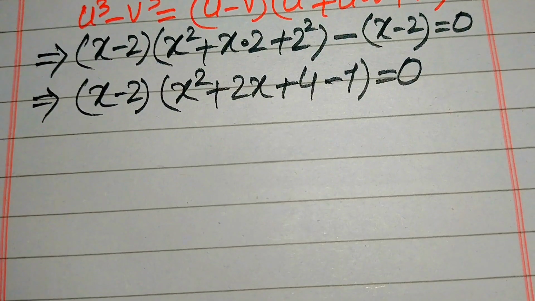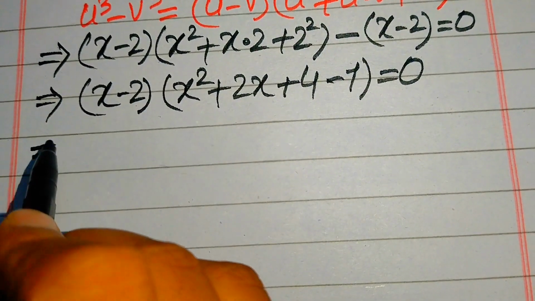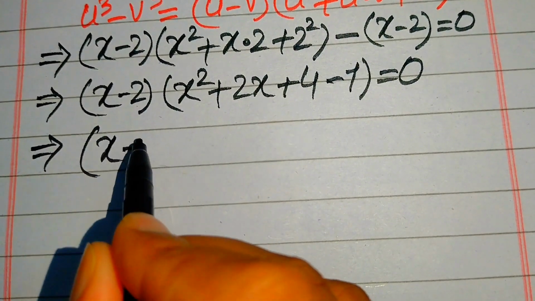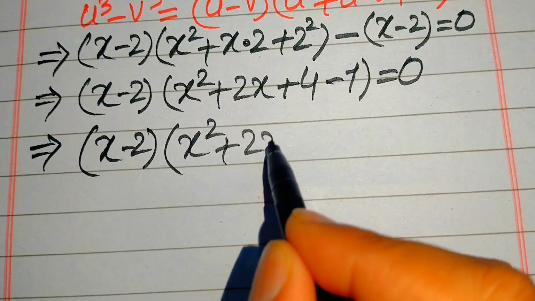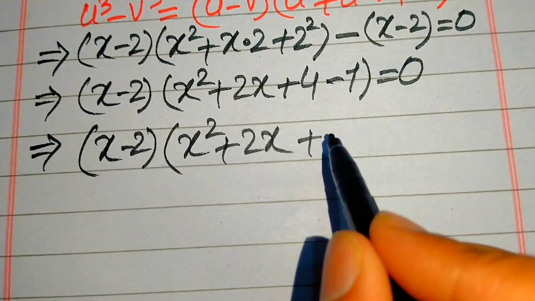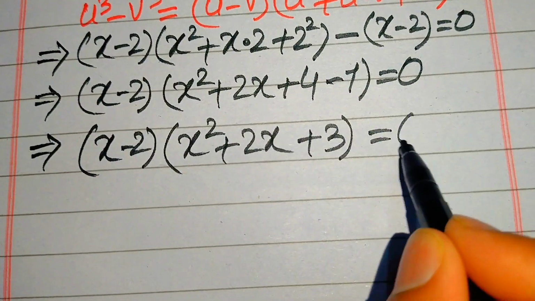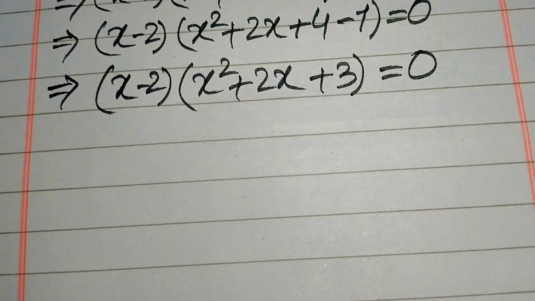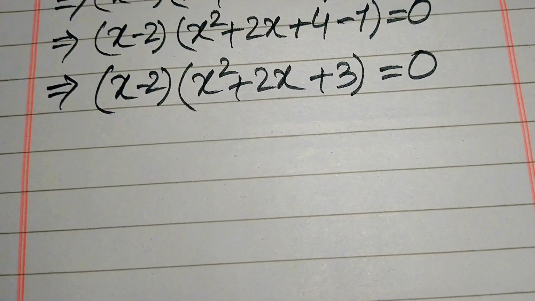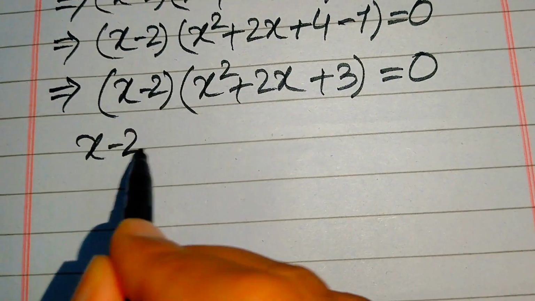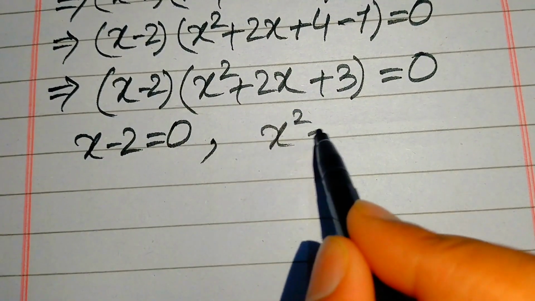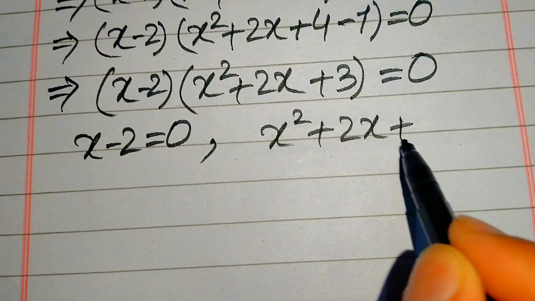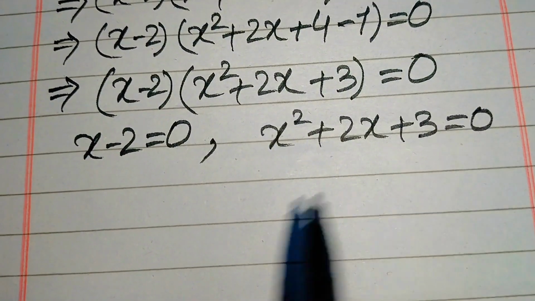In the next step, we need a little more simplification, and it will be written as x minus 2 times x squared plus 2x plus 3, since 4 minus 1 becomes plus 3, and this whole equation equals 0. Now we divide this equation into two cases. The first case is x minus 2 equals 0, and the second case is x squared plus 2x plus 3 equals 0.